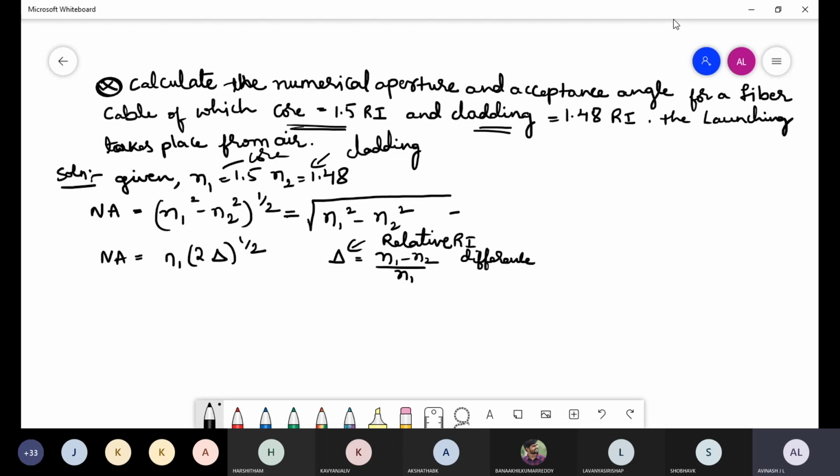If you are using the above formula, it will be equal to square root of 1.5 square minus 1.48 square. Somebody calculate and tell me the answer. I'll give you 1 minute of time. Use your calculators and tell me.